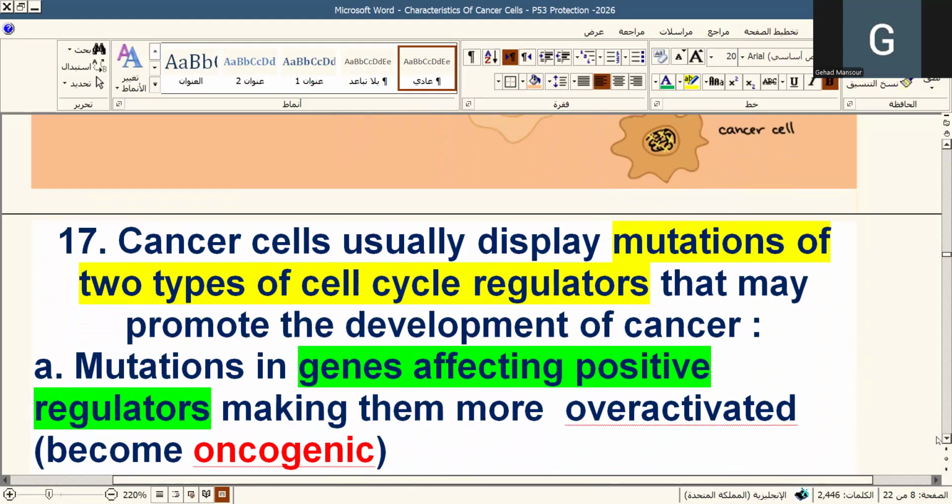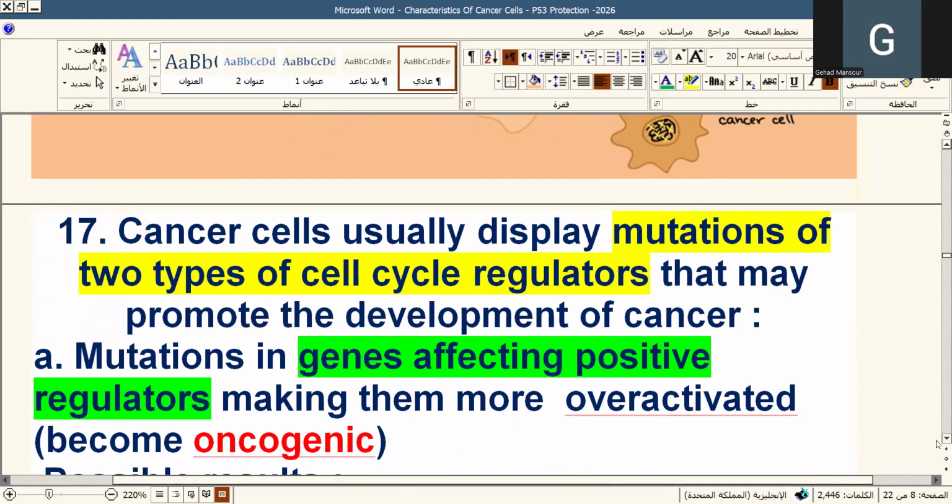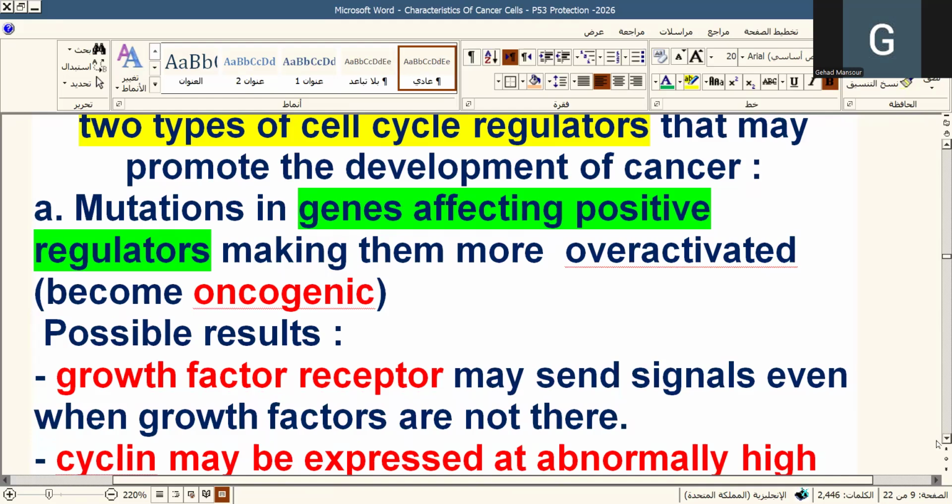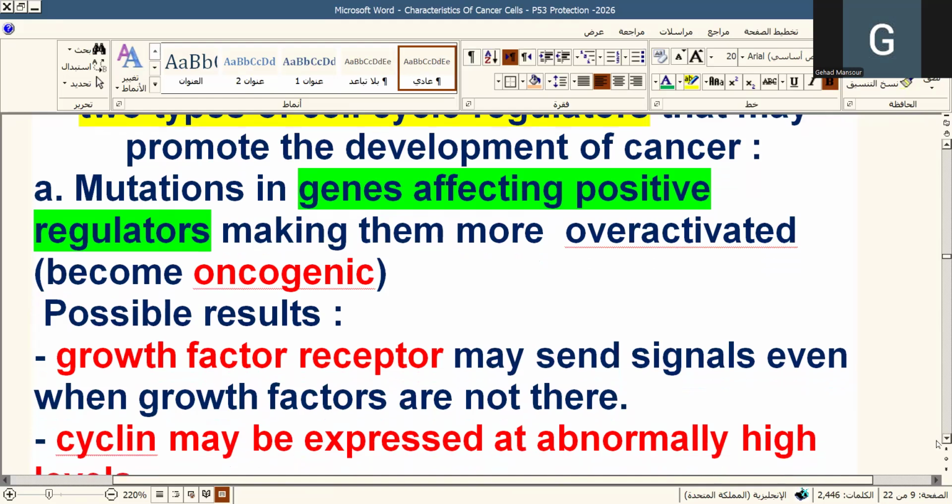So as we have just explained, the cancer cells usually display mutations of two types of cell regulators that may result in development of cancer. Number one, mutations in the genes affecting the positive regulators to make them more activated or overactivated.